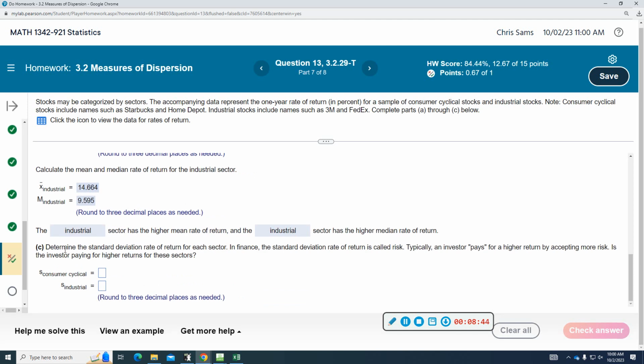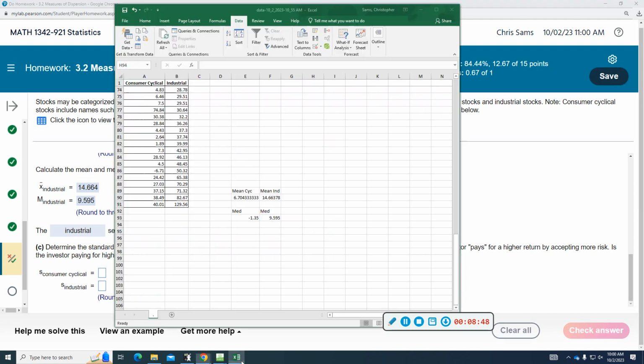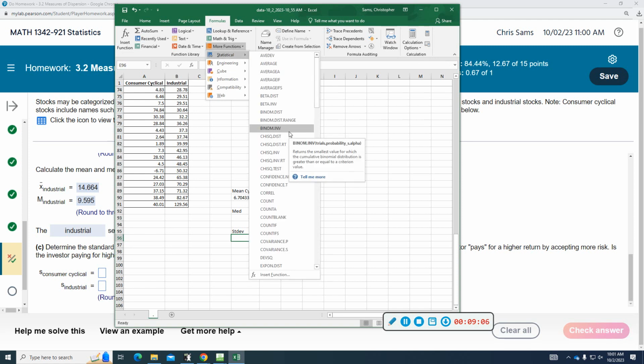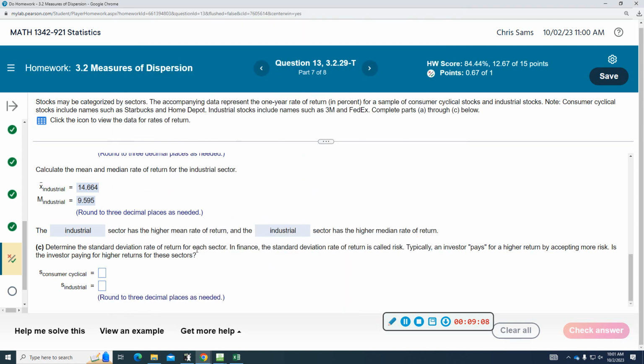And then part C, determine the standard deviation of the rate of return. So go back to Excel, I'm going to do standard deviation. Go to formulas, more functions, statistical.